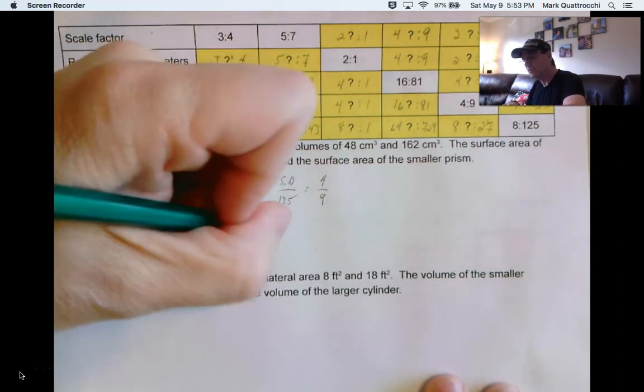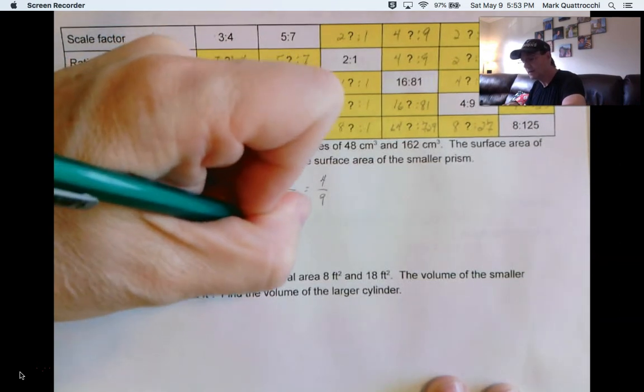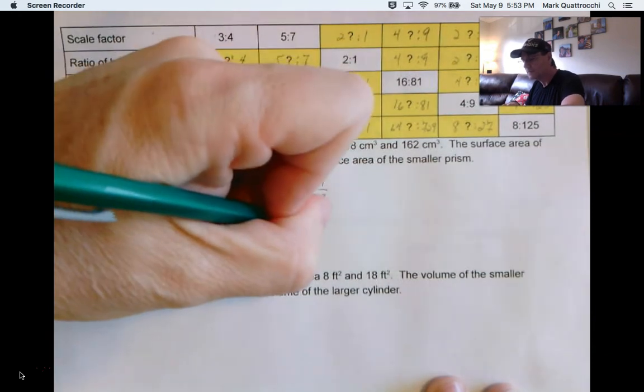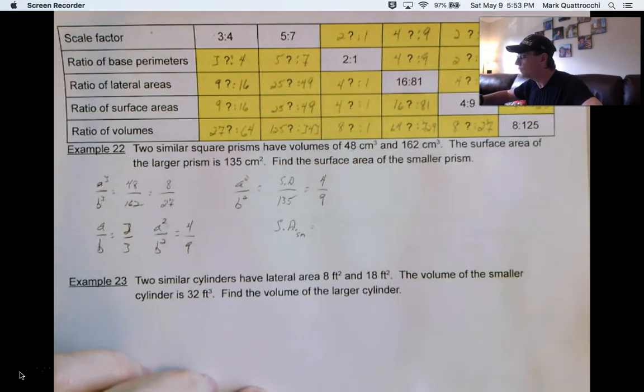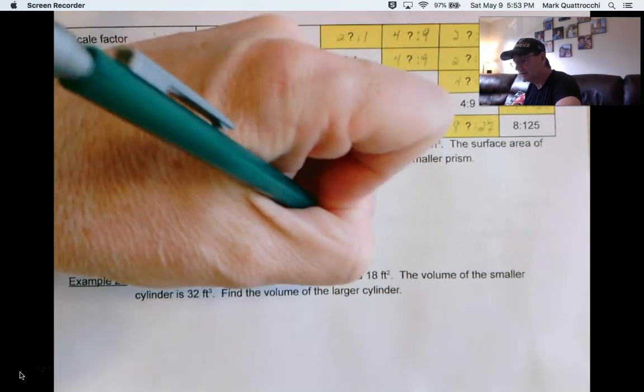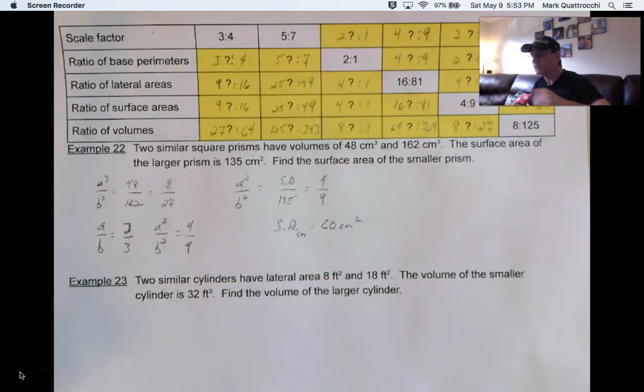Multiply both sides by 135, so the surface area of the smaller prism is equal to 4 times 135 divided by 9, 60 centimeters squared.